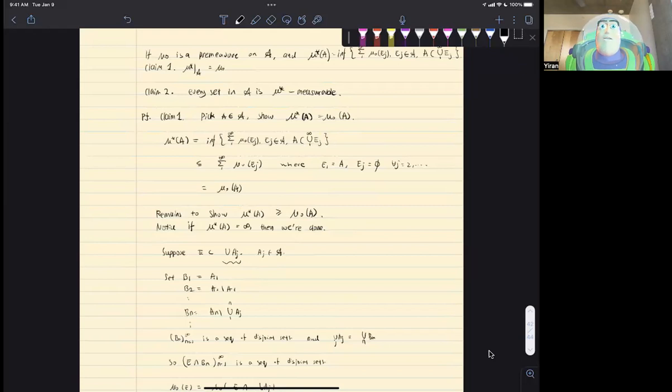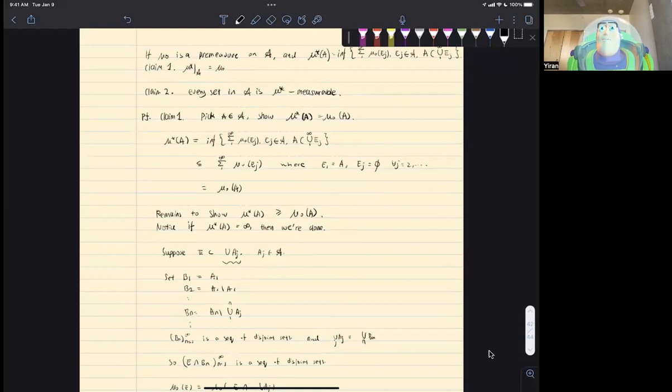Notice that one inequality is obvious: mu star of A is smaller than or equal to mu naught of A. If you consider a sequence of sets where the first element is A and all the other elements are the empty set, then A is definitely inside this union, and each element of this collection belongs to the algebra.